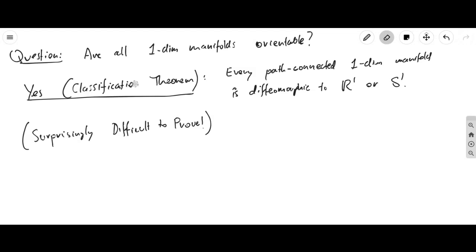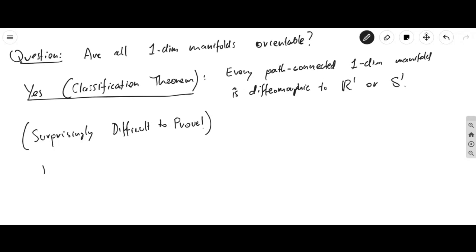The way you prove this is, there are two versions of the classification. There's a topological classification theorem where you do it for homeomorphic, with the assumption it's homeomorphic to R1 or S1, but without using anything about smooth manifolds. But then you need a triangulation theorem that says that every one-dimensional manifold could be triangulated. There is a way to do it without triangulation.